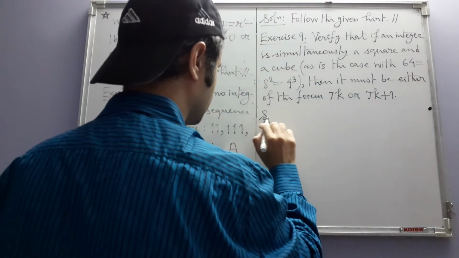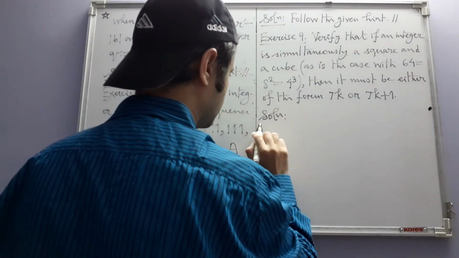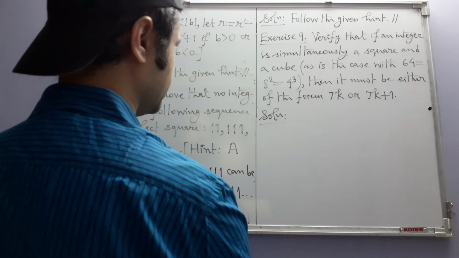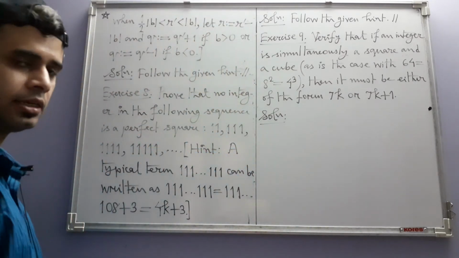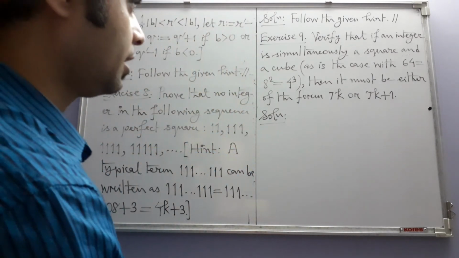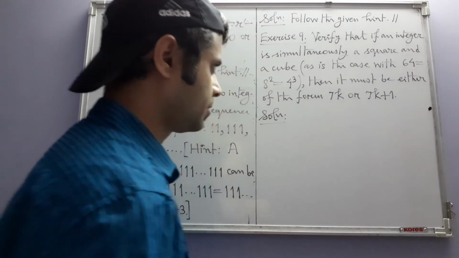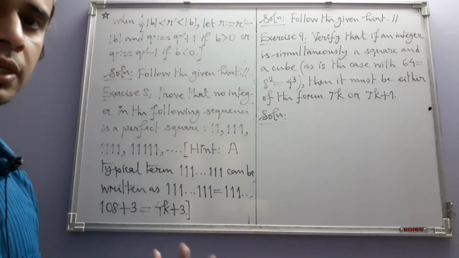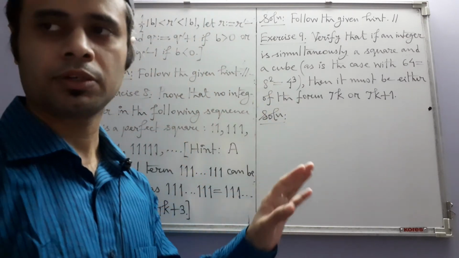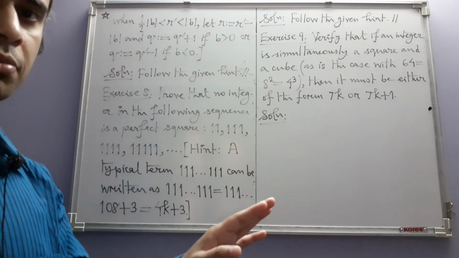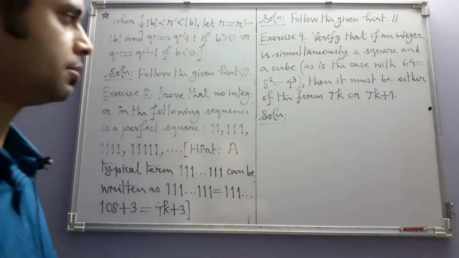Okay. To write this solution, we can take the help of exercise 6, because there we have seen that the cube of any integer is either of the form 7k or 7k plus 1 or 7k minus 1.